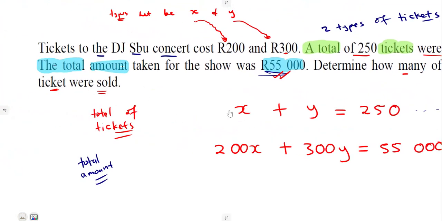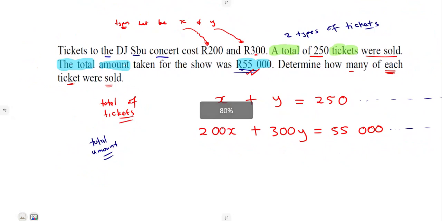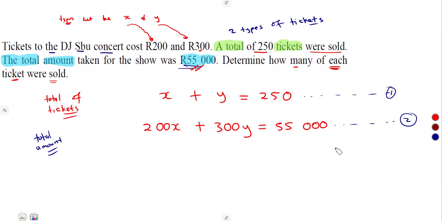So by solving for X, because we said let X represent the 200 Rand ticket, we are solving for the 200 Rand ticket, and for the 300 Rand ticket represented by Y. So we must solve for both because it is each. So it is up to you. Are you going to use elimination method? Are you going to use substitution method? It is in your hands.